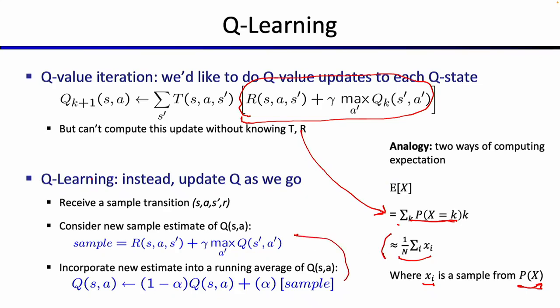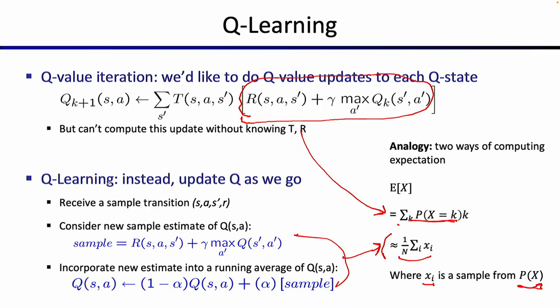This corresponds to what we're doing in Q-learning, and it does not require knowing any probability distributions. We're just getting these expectations from samples. If it's been a long time since you've seen expectations, we're going to go into it quite a bit more in the next part of the course, but this is a quick analogy for the difference between Q-value iteration and Q-learning.